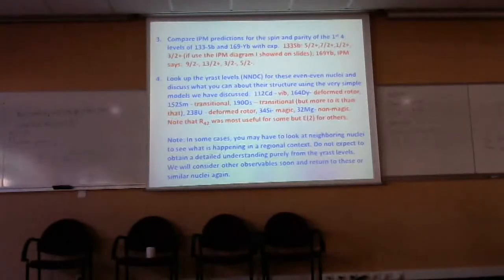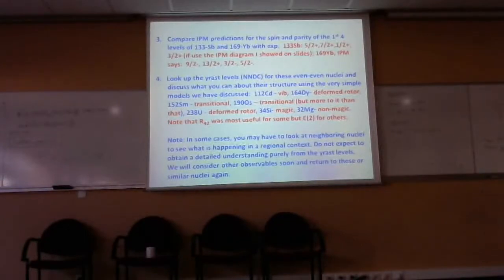For these two nuclei, I think the R42 ratio in one of them is not even known, and so I put the comment here. This actually wasn't in the question itself, but I said it verbally. If you only have the yrast levels, R42 is very useful. But in some cases, it's better to look at E2 plus alone.